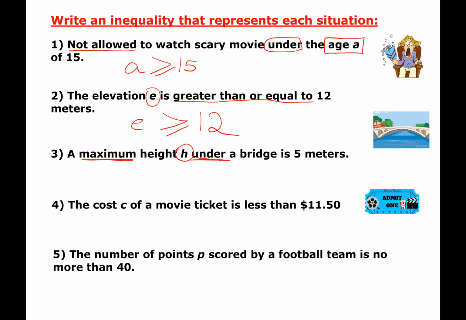So in this case, under is not a keyword. Maximum is our keyword. And maximum means less than or equal to. So H should be less than or equal to 5 meters. Excellent. The following are some questions for you to practice, so please go ahead, pause the video and practice.